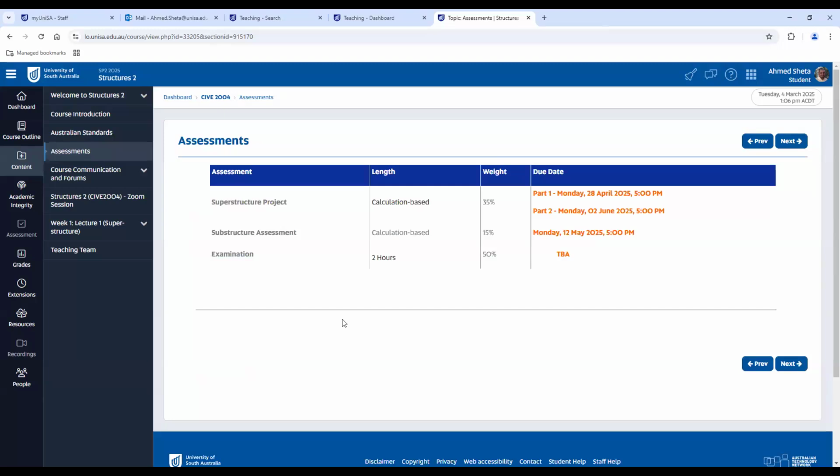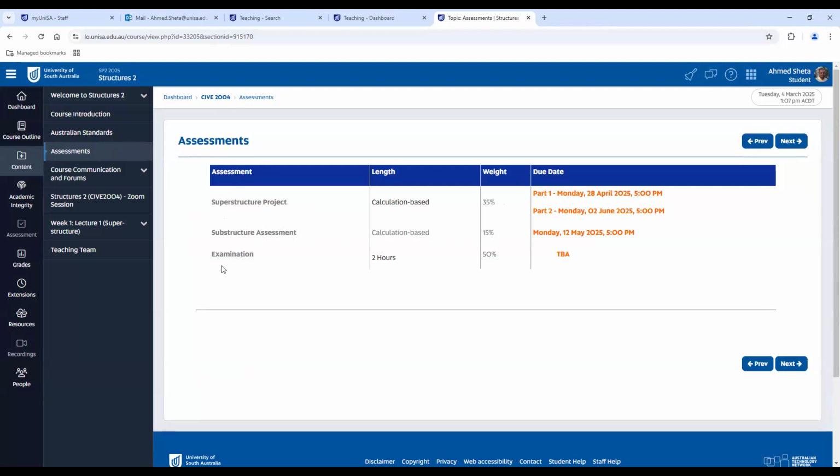In this course, we have 3 assessments: 2 assessments during the semester, the superstructure project and the substructure assessment. Both of them together are 50% of the total weight of the course. The superstructure project is 35%, and the substructure is 15% of the total weight of the course. And for the examination, we have a final examination.